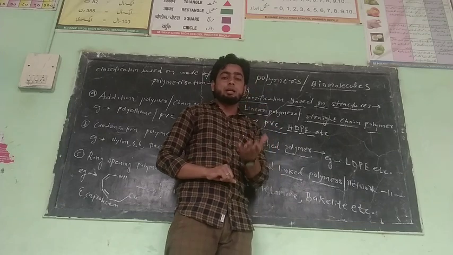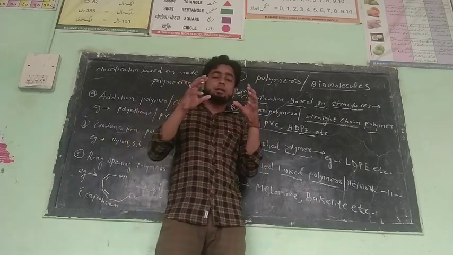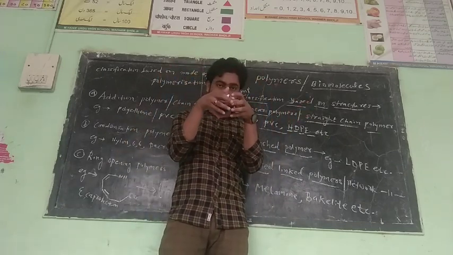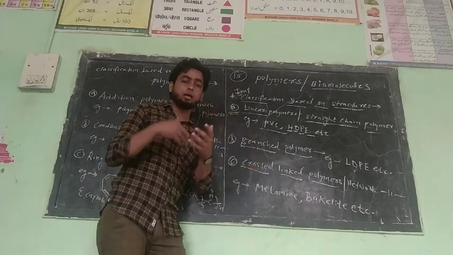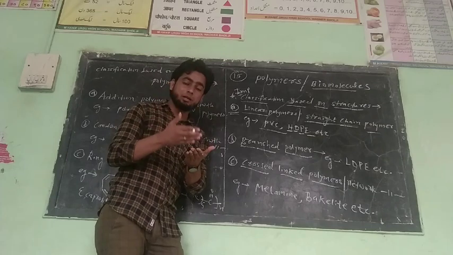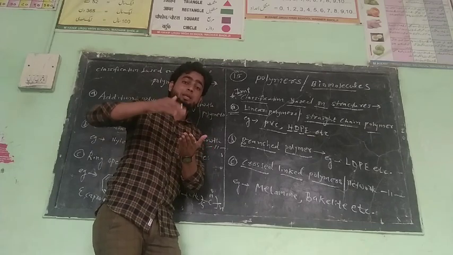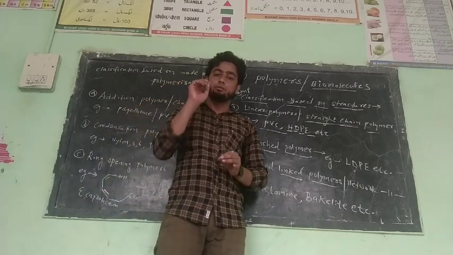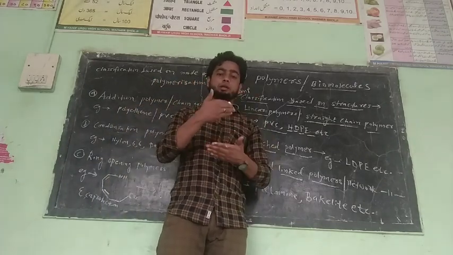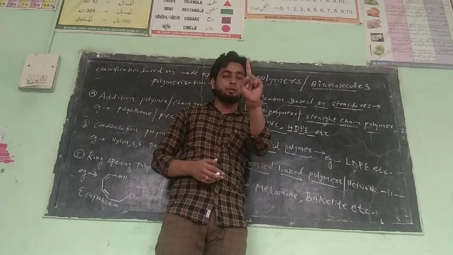Network indicates that different types of monomer are joined by cross-links. Why monomer? Because monomers are the starting material from which polymers are prepared. Thousands of monomers repeat to each other to form one polymer.